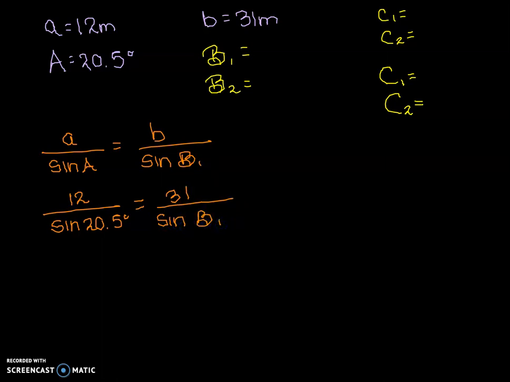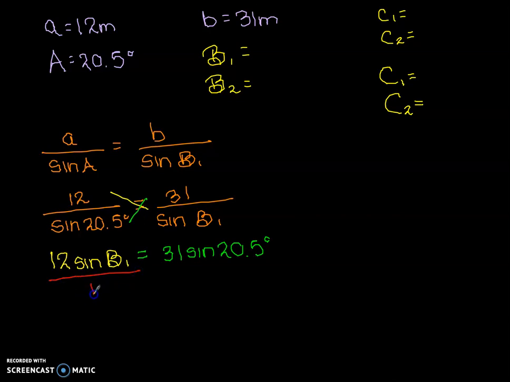Then, just like with the law of sines, we're going to cross multiply. So 12 times the sine of angle B sub 1 equals 31 times the sine of 20.5 degrees. From here, I'm going to isolate the sine of B sub 1 by dividing both sides by 12.